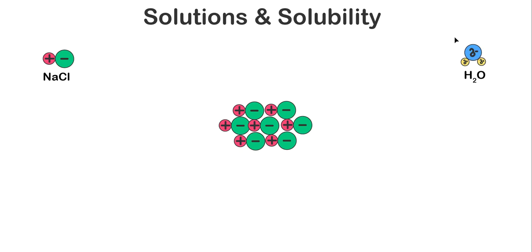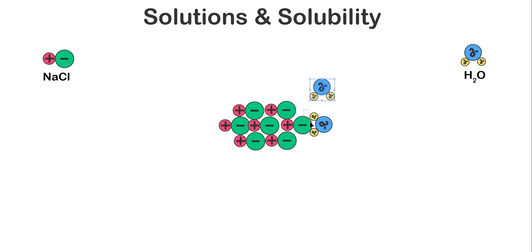So if we grab one of ours here and it comes along, it has to get in between here. The positive charges will be attracted to the negative chlorine. But a water has to get in between to kind of force it apart.